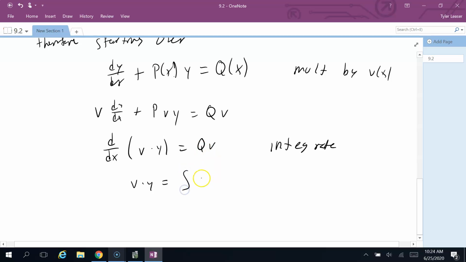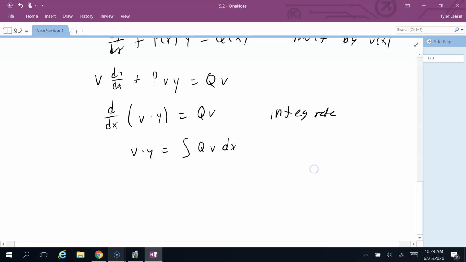And then on the right-hand side, we're just going to take whatever the integral of q times v is, and then I can solve for my y by dividing v over to the other side. So the point of these last 4 or 5 lines was just to show you that if we could rewrite the left-hand side as the derivative of the product, then I can get y by itself.